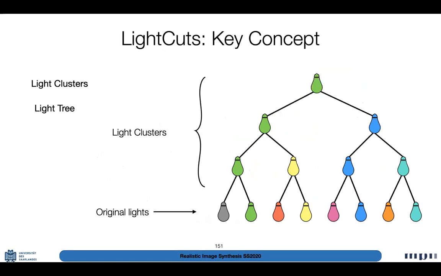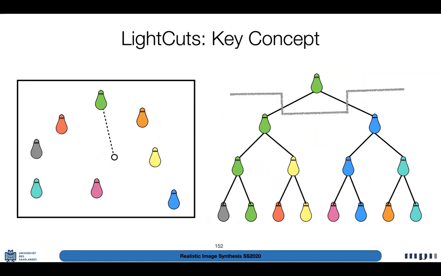Once you have your light tree built, in the LightCut approach you use the same light tree for the rest of the scene. What it means when you want to perform a LightCut is, let's say you want to perform a computation on one of the points, the black circle shown on the left box. When you perform this LightCut on the right side, shown by this gray line, it says that you connect to the green light.